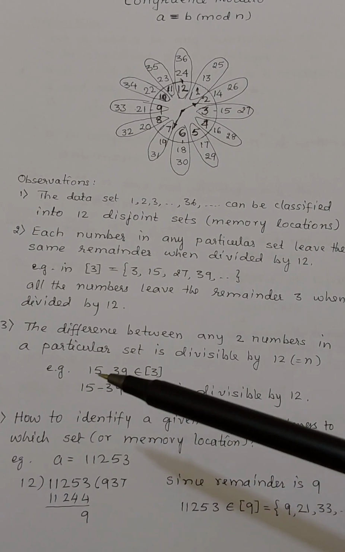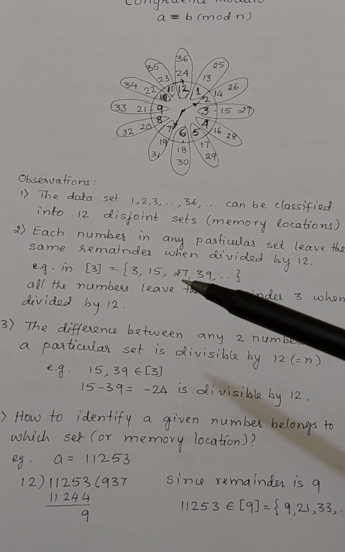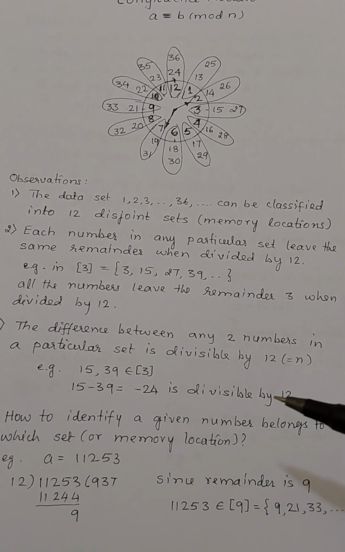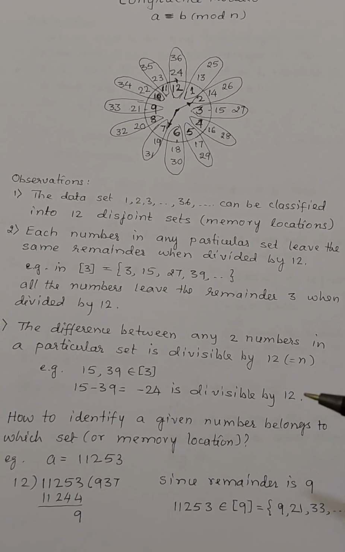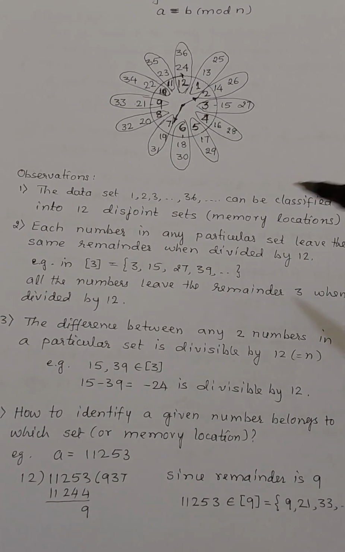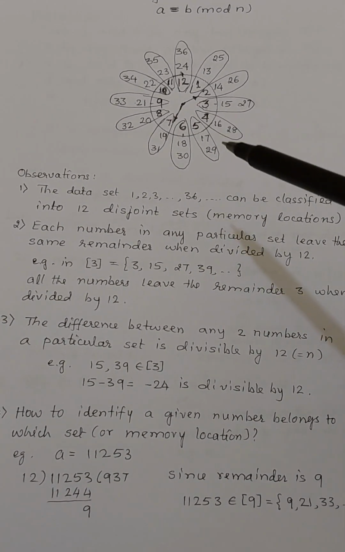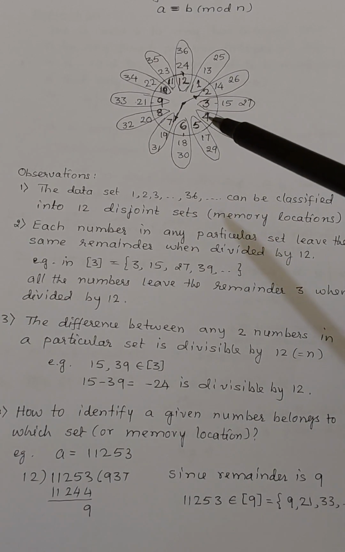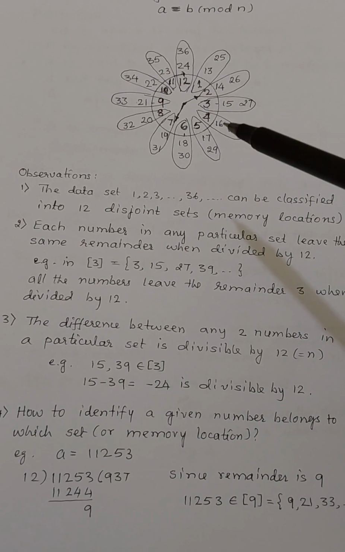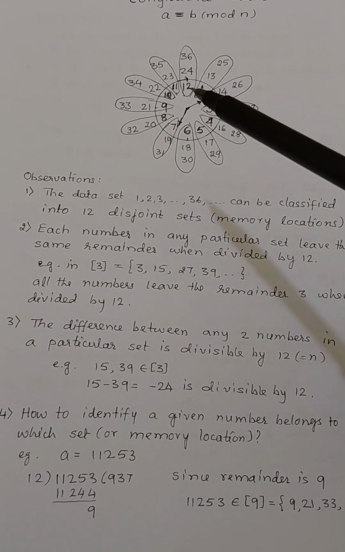For example, 15 and 39 belong to this set and their difference is minus 24, which is divisible by 12. So all these numbers within the set are said to be congruent to each other, where A and B are any random numbers within the set and n is the fixed number 12.